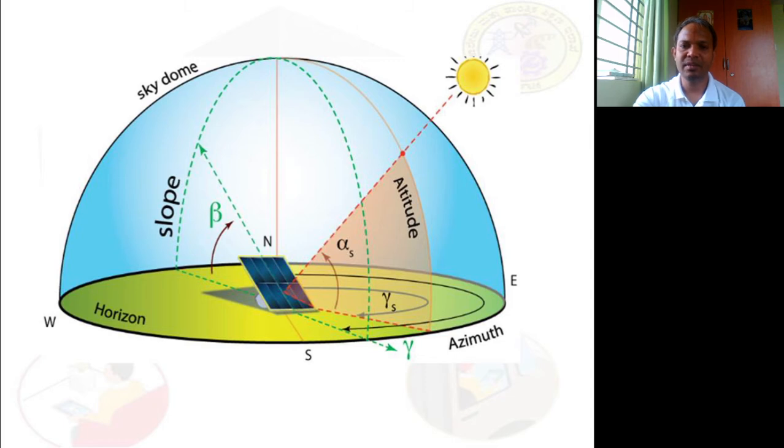Okay, these are all the different angles which are related to this. Now the normal to this surface has the same inclination as this beta, and the radiation falling onto the surface keeps varying as the sun traces from east to west.